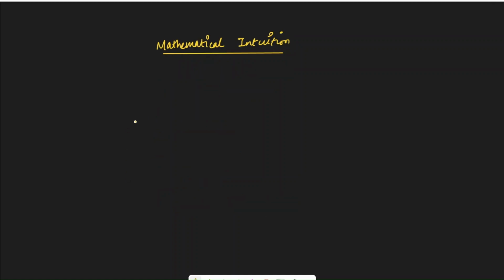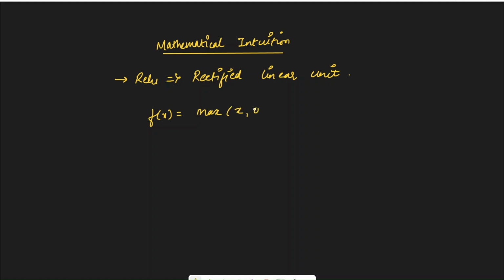Talking about the mathematical intuition of the ReLU function. ReLU stands for rectified linear unit. And the formula for the ReLU function is f of x is equal to max of x or 0, whichever is bigger.